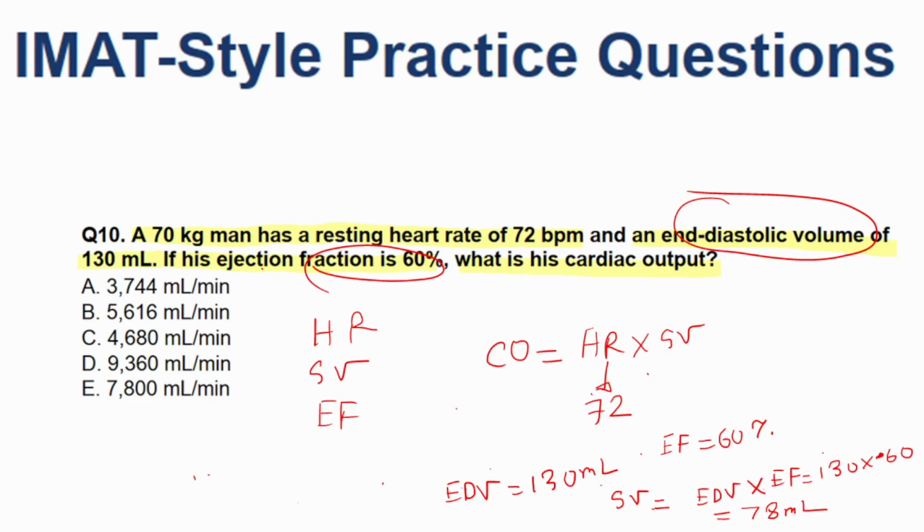Now that we know the heart pumps out exactly 78 milliliters of blood with every single beat, we can plug this value back into our primary equation to calculate the total output per minute. So with a stroke volume of 78, if we multiply them both, it will be around 5616 milliliters per minute, which exactly matches option B, giving us the correct answer.